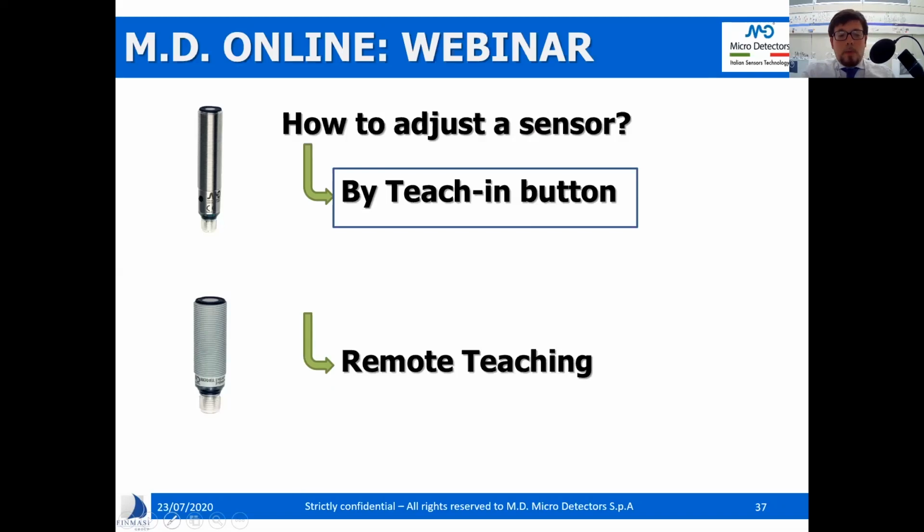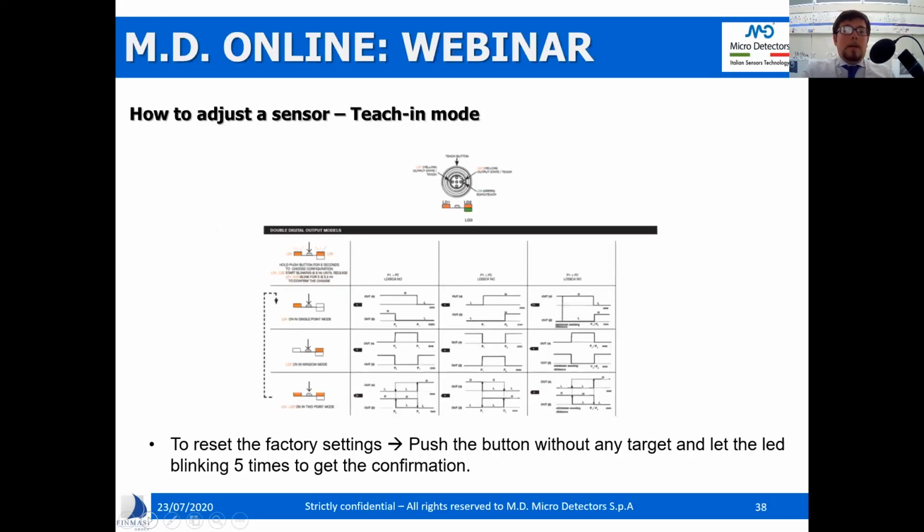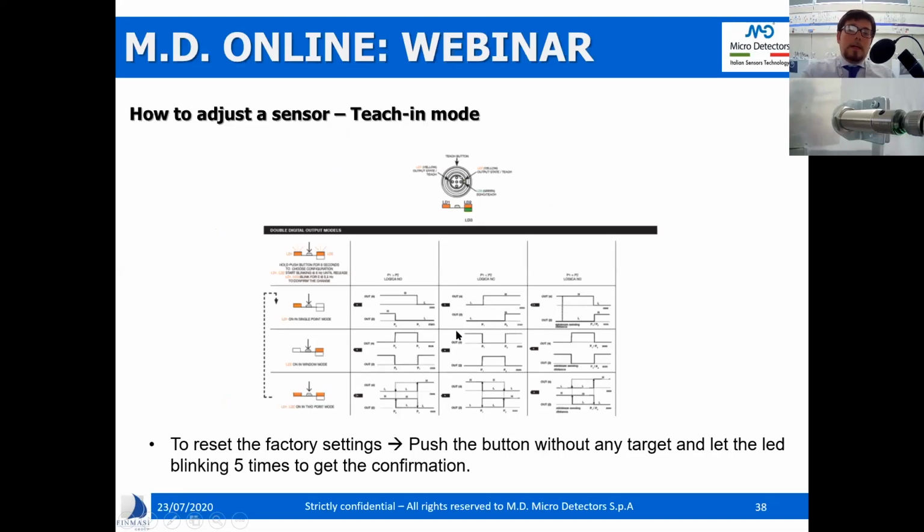Let's start with the first one. In particular, here we are going to consider a double digital output sensor of UK1 series. And as you can observe here in the table, three possible detection modes can be selected.